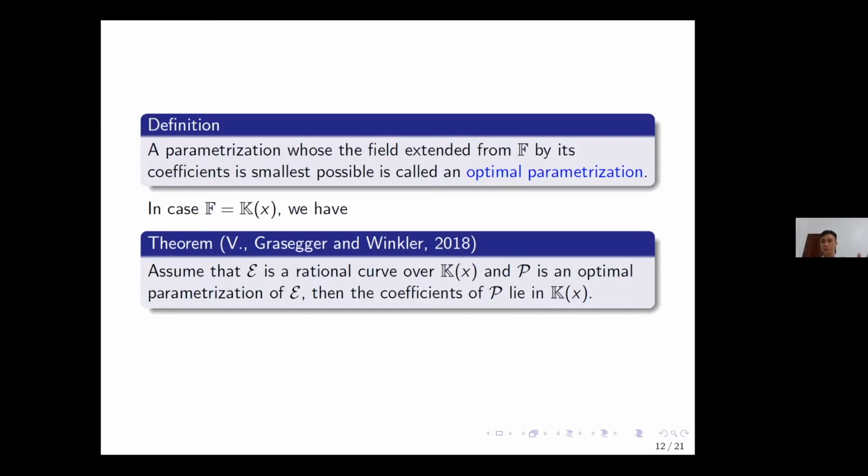If some square root of x appears, or if some algebraic extension of K(x) appears, then we will come to a more complicated differential equation, and we don't want that to happen.